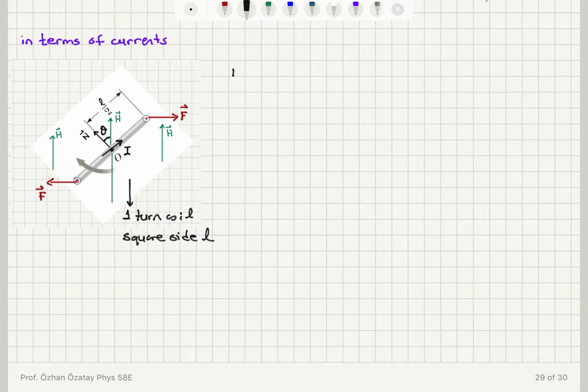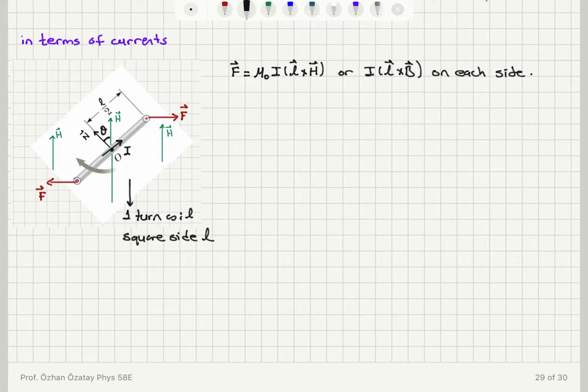The force F felt by a current carrying wire inside the magnetic field is mu 0 I L cross H, or it's given as I L cross B. And this will be the force felt on each side of the current loop.